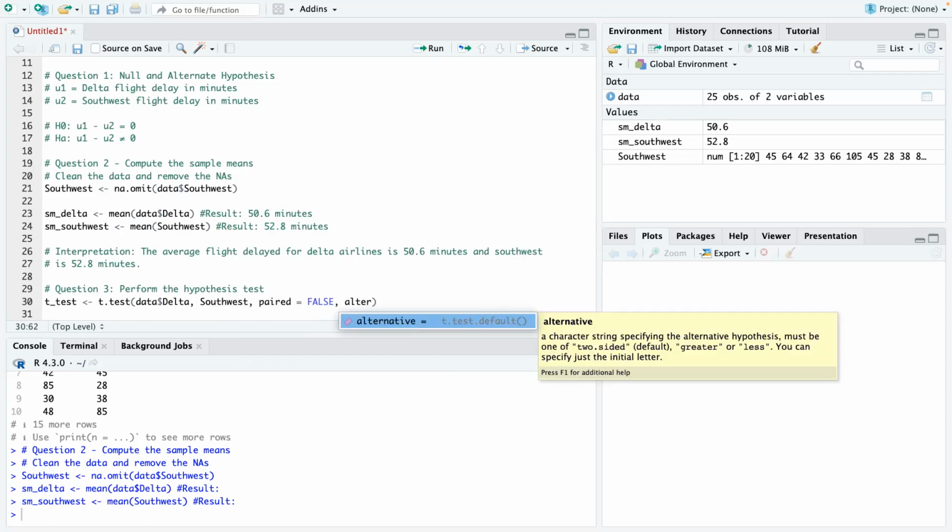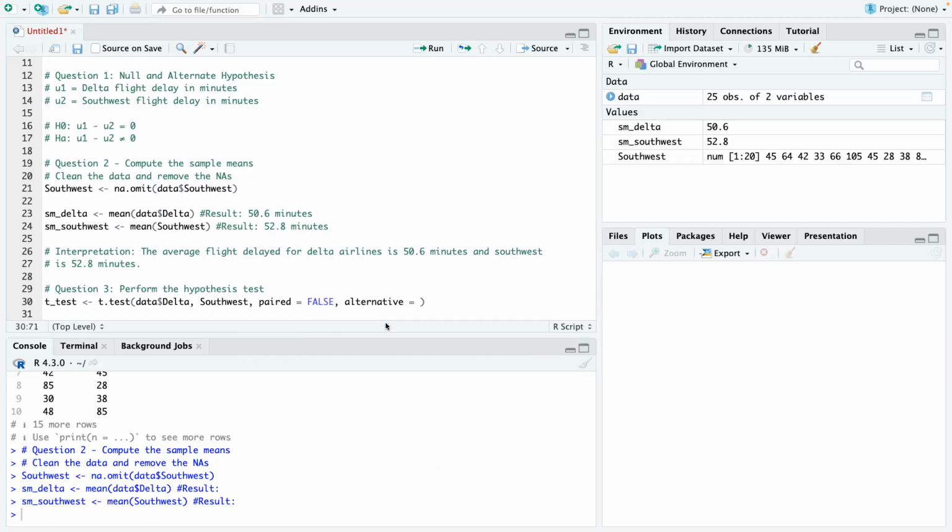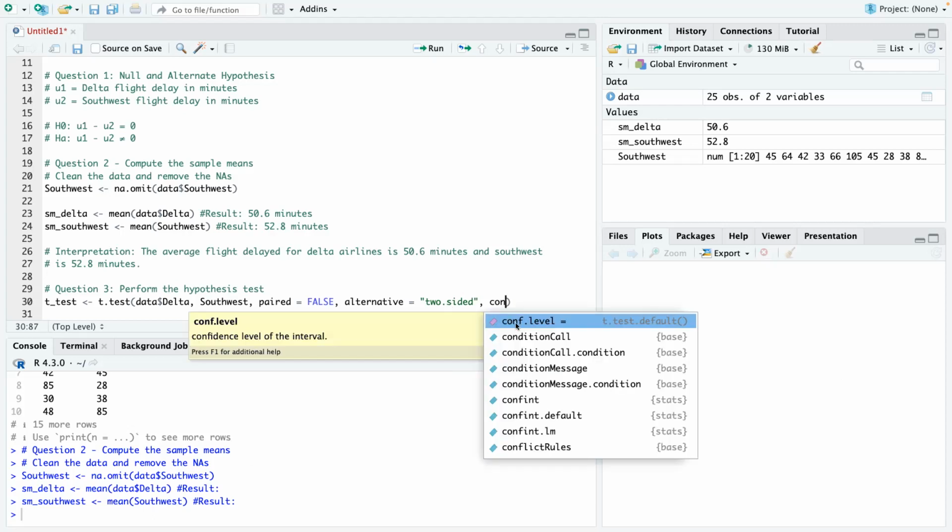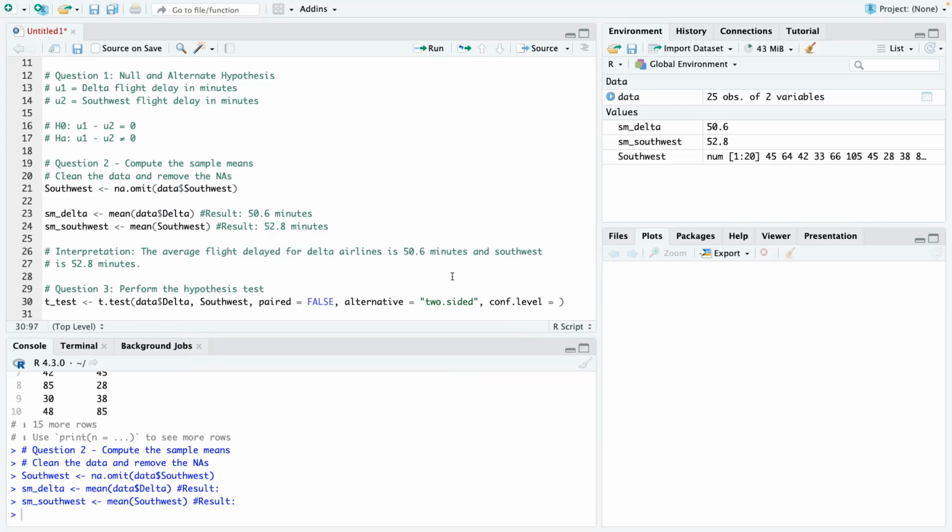And then the alternative, we're putting as two-sided because of this. Take note of that, please. And then our confidence level. Those are the major parameters you deal with when you're working with the t-test: you have to state your two variables.